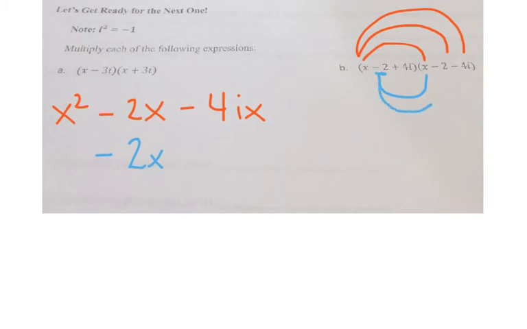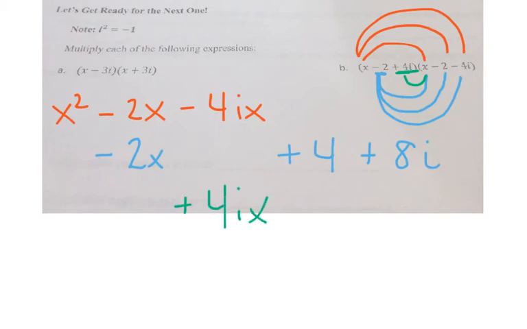So then I'm going to do -2 times -2, which is going to be plus 4. And then we're going to do -2 times -4i. So that's going to give us positive 8i. Then we're going to do this last term here times each of these. So I'm going to get 4i times x, which is going to be plus 4ix.